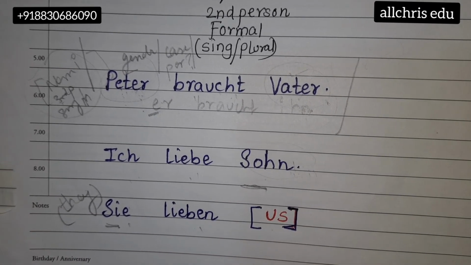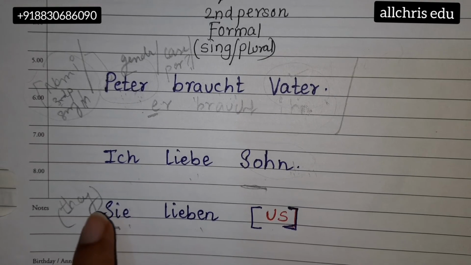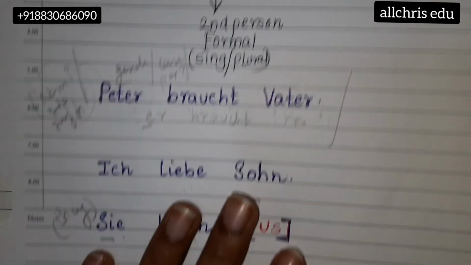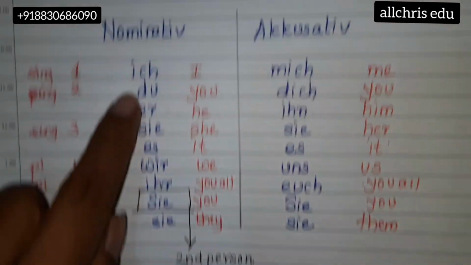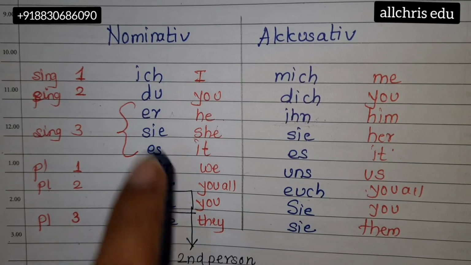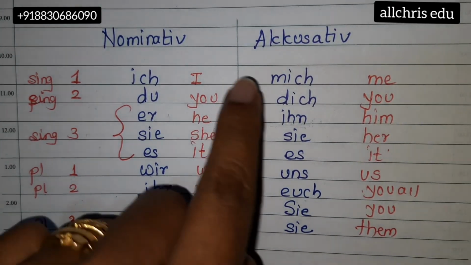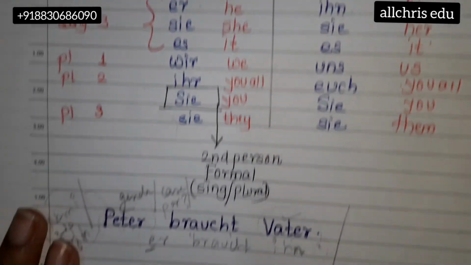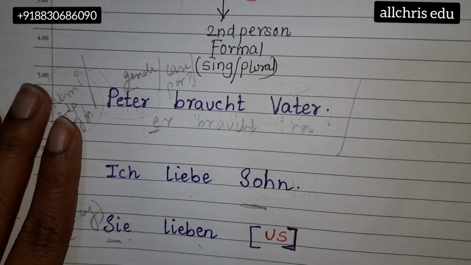Now I want you to translate this in German. So can we say they are loving we? We cannot say they are loving we. So this column is not sufficient for us. We need to have a second column. They are loving us. This is important. So it is necessary to have a second column.